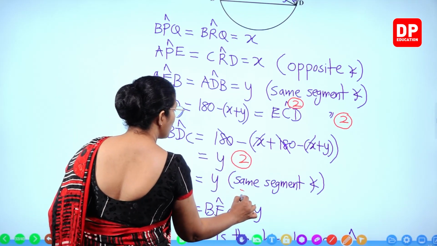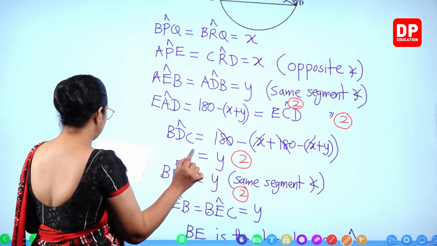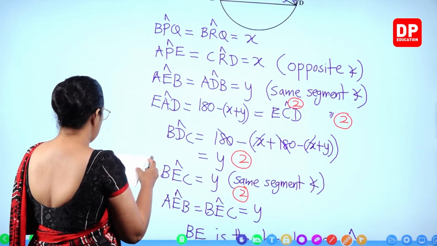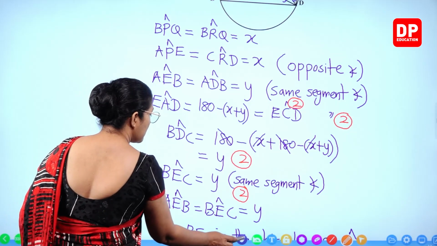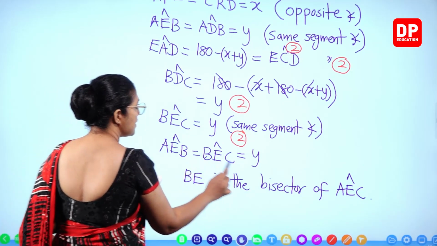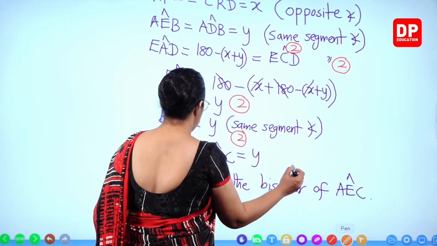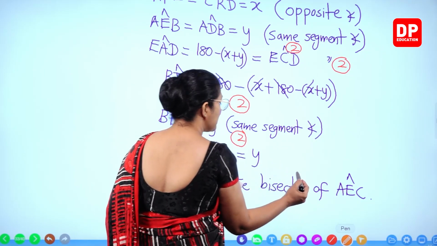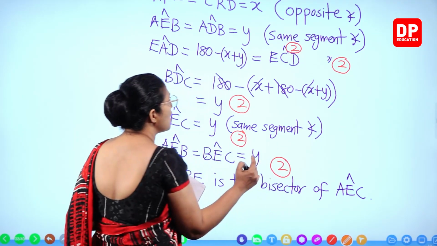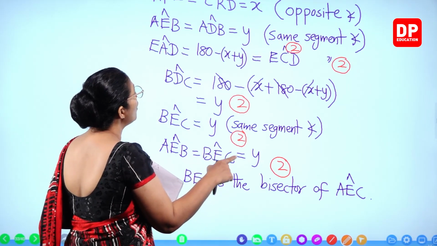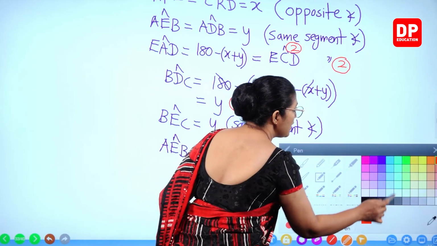And here also 2 marks. And finally, showing that both are the same, and that because of that BE is the bisector, you get 2 marks. So altogether 10 marks for that question.